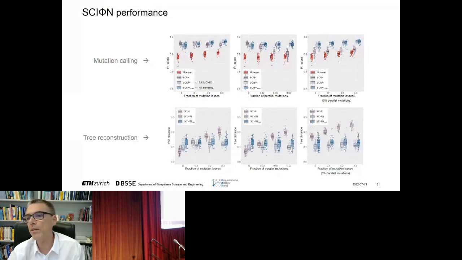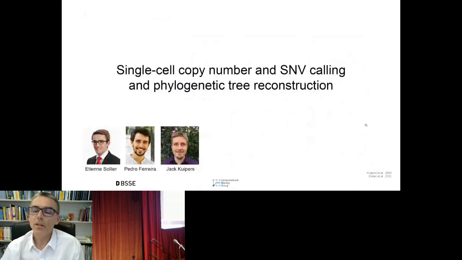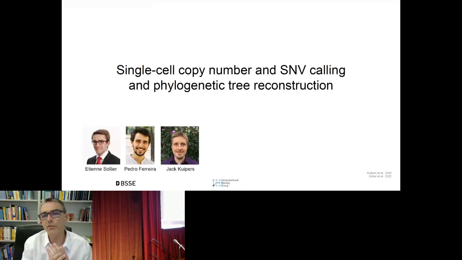And a similar effect is seen for mutation losses. Similarly, the tree reconstruction performance works again very well, even when there are parallel mutations and when there are mutation losses. So next I want to talk about copy number variations in individual cells.